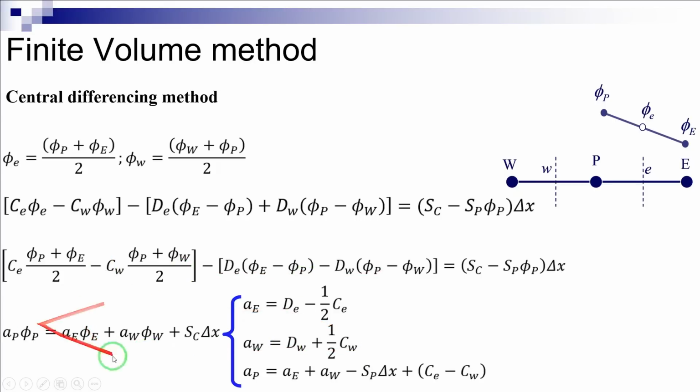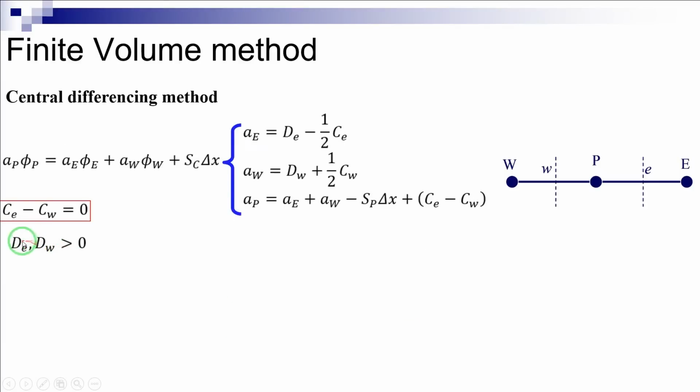The coefficients of the discretized equation in the standard form are given here. In this regard, the mass conservation imposes the following constraint on the values of CE and CW. D, as we can see here, DE and DW is always positive, but C, CE and CW can be negative or positive depending on the direction of the flow.